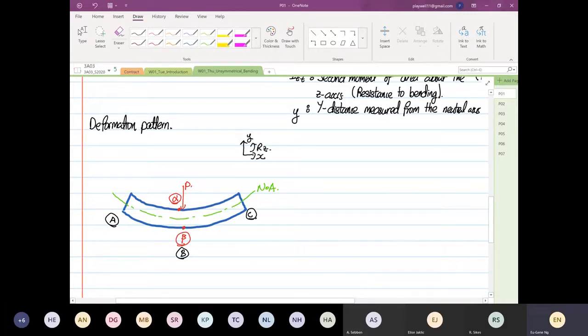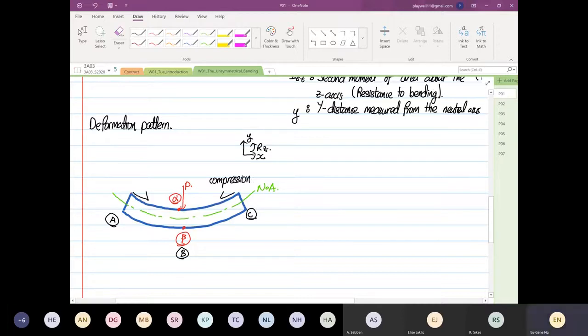So as you know, alpha will go through what? Like how does one of you answer? The distance has been reduced. So we know that the top part will be under compression, right?